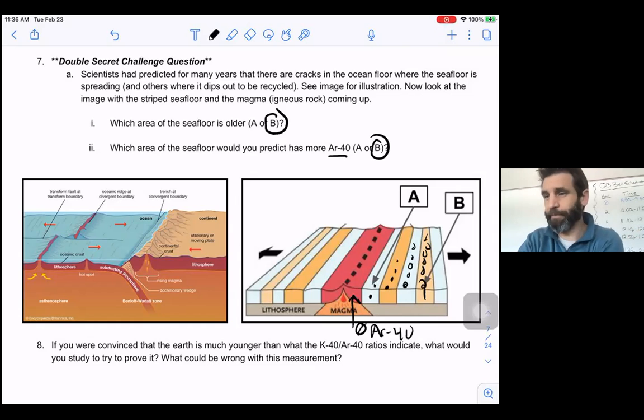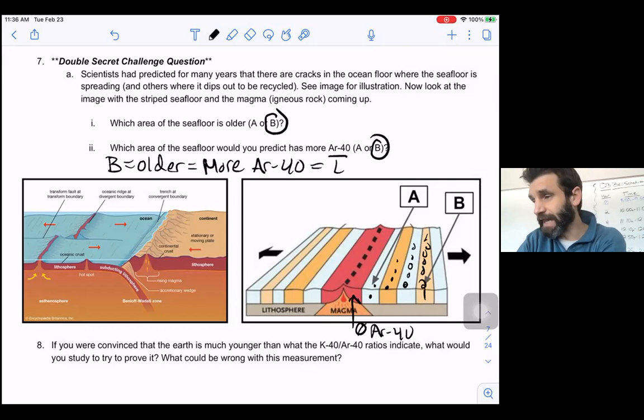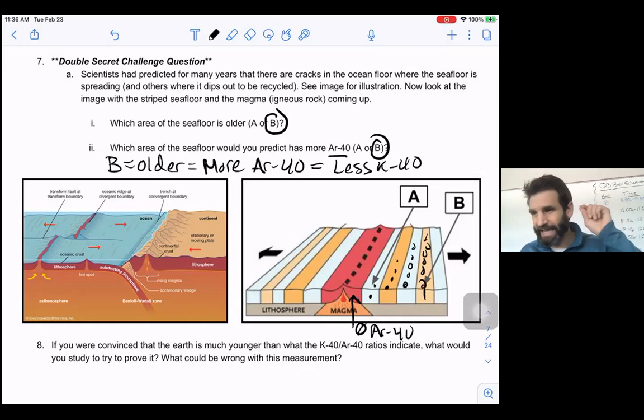B equals older equals more argon 40 equals less potassium 40, okay? And guess what? Scientists measured it and they found exactly that: the exact amount of argon 40 that they would have predicted for this age of rock.